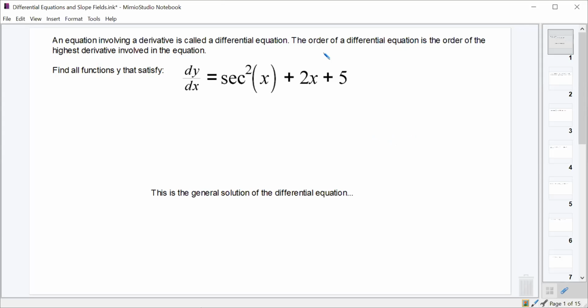So to figure out all the functions that make this true, we have to anti-differentiate both sides of this. And we'll bring this dx over here and then just anti-differentiate. And it's pretty straightforward. What's the integral of dy?